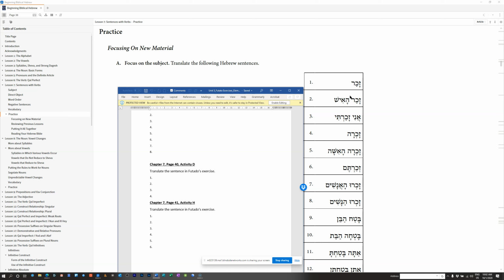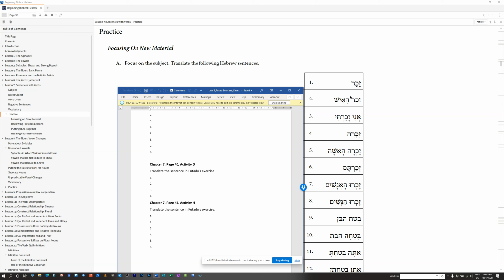So the reason why we usually translate the perfect conjugation as past tense in English is because without any other context, the English past tense is the most natural tense to designate or identify completed action.